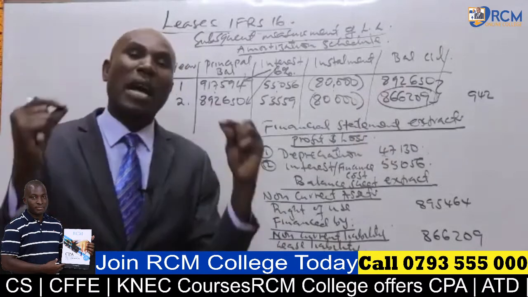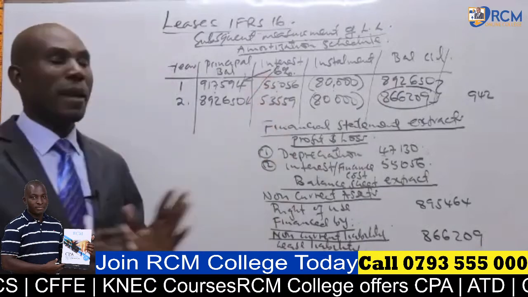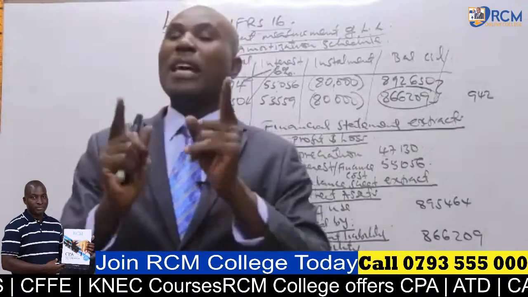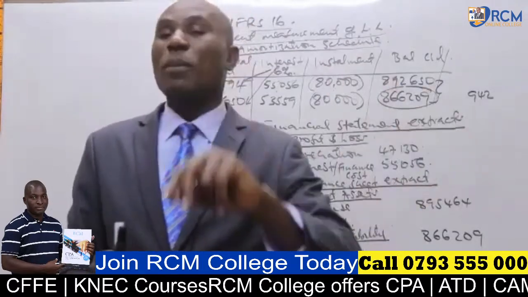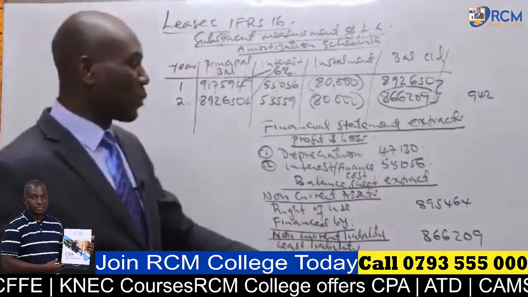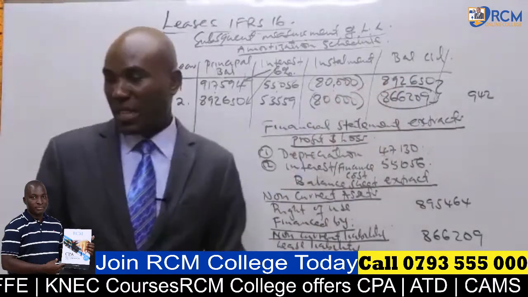In our case, payments are made in arrears, therefore we prepare for 2 years. Even if the examiner wanted year 1, you prepare for the second year. The difference between year 1 and 2 becomes the current liability.